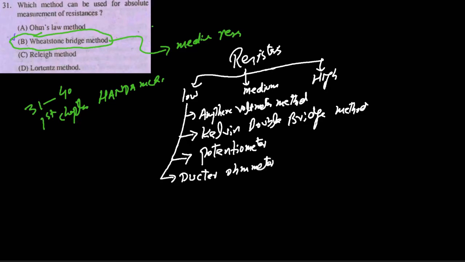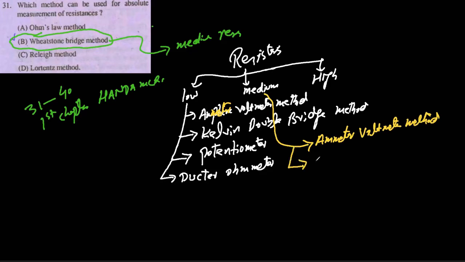Okay, so medium resistance is measured by using the ammeter voltmeter method. Sorry, ammeter, this is ammeter, voltmeter method.